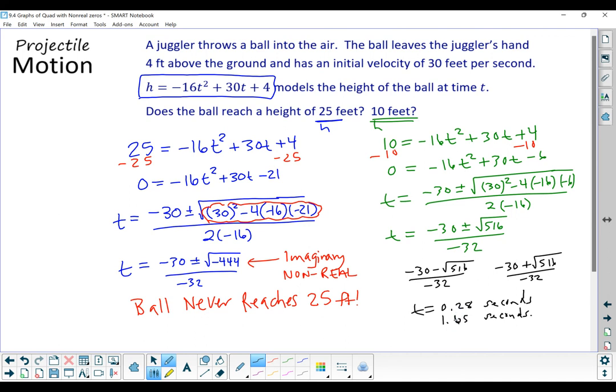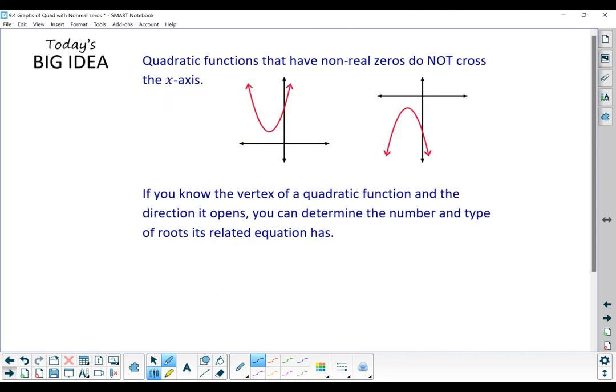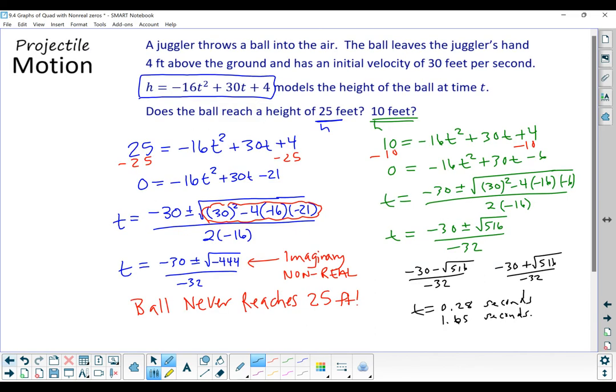So that makes sense if you think about throwing a ball up. The ball is reaching that height of 10 feet on the way up, and then it's reaching that height of 10 feet again on the way down. Oh no, I thought I had a graph of this, but I don't. So in this case, our ball is starting about 4 feet high. Here's 10, way up here is 25.